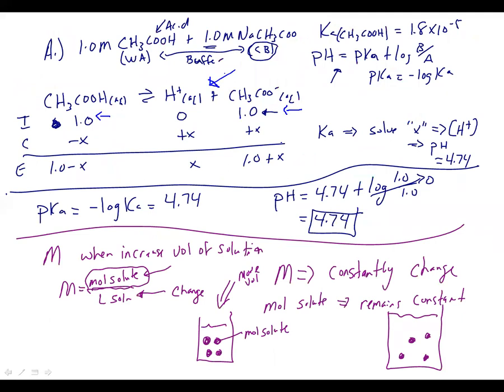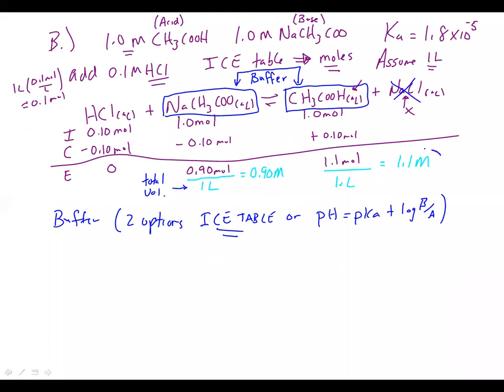So kind of like first table to the second table if you chose to do an ice table to get to the pH. So it would be the exact same weak acid dissociation, but for your initial concentrations in that table, it would be these numbers that you would put in there. So again, absolutely, if you want to do an ice table at this point to get to the pH, you could, but probably easier just to go into the Henderson-Hasselbalch equation since you could recognize it as a buffer.